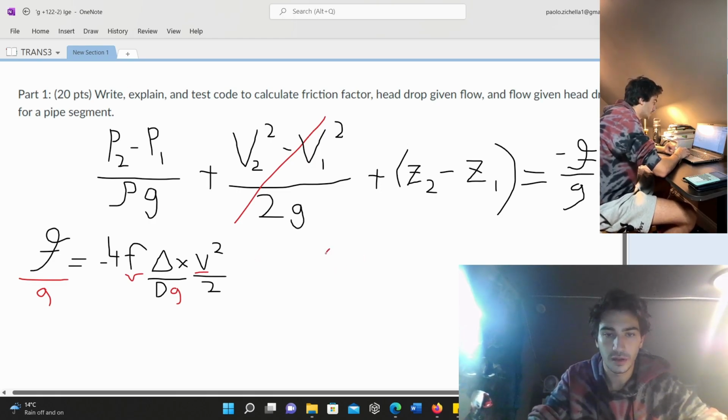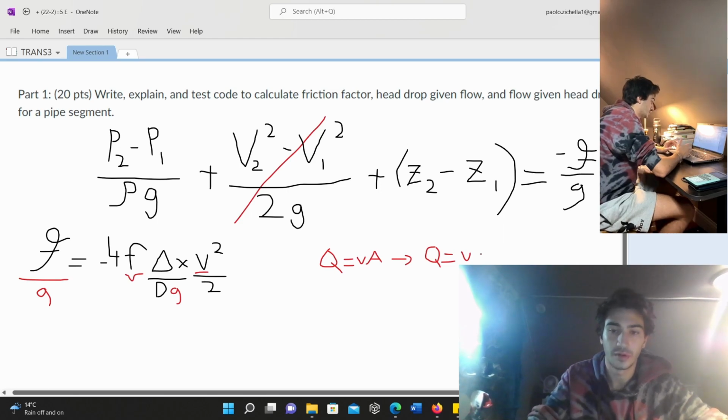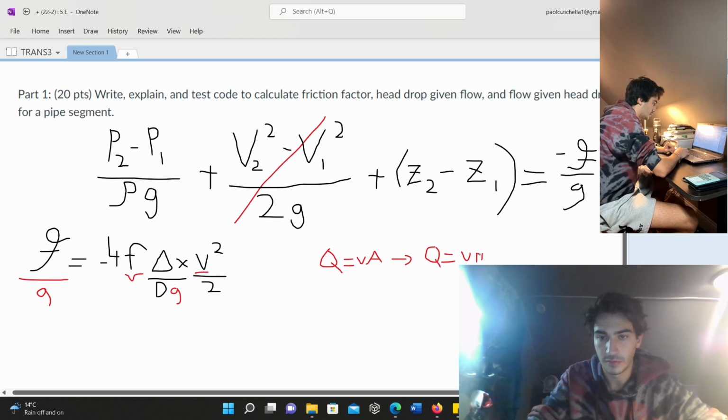We know that the flow rate is simply equal to the velocity times the area, right? So then we can rewrite this for the area in terms of the diameter, so that flow rate is equal to the velocity times the area, which is pi r squared. Instead of the radius, we're going to have diameter over 2, so we're going to have pi d squared divided by 4.